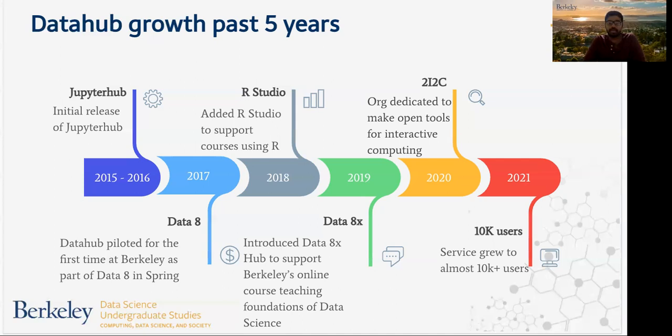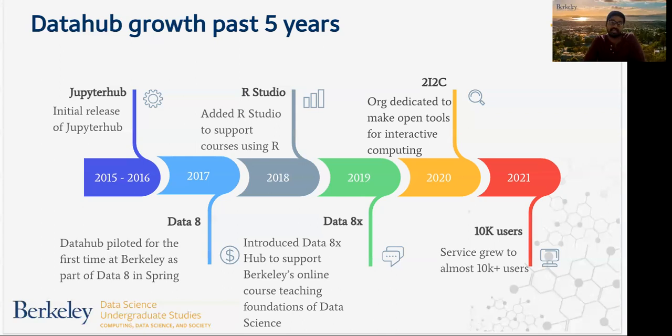With the growing user base in 2020, folks within the Project Jupyter ecosystem and the Berkeley ecosystem joined together and formed an organization called 2i2c. The vision for this organization is to make open tools for interactive computing.